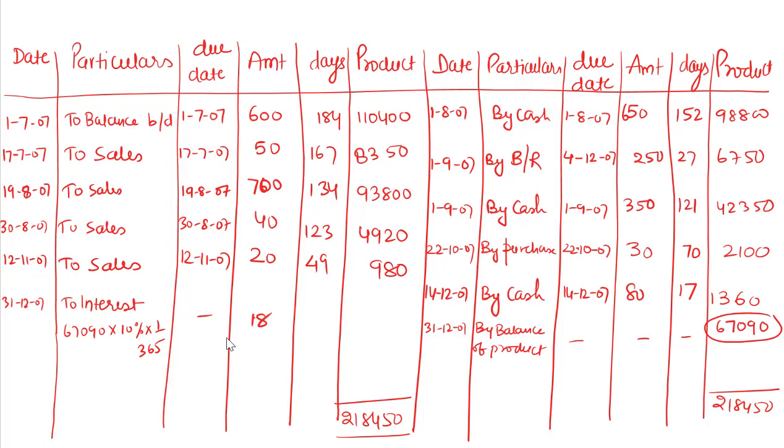Credit side 650 plus 250 plus 350 plus 30 plus 80, 1360. So 1428 will be transferred on the credit side, the balancing figure minus 1360, 68. 31st December 07, by balance carried down 68.